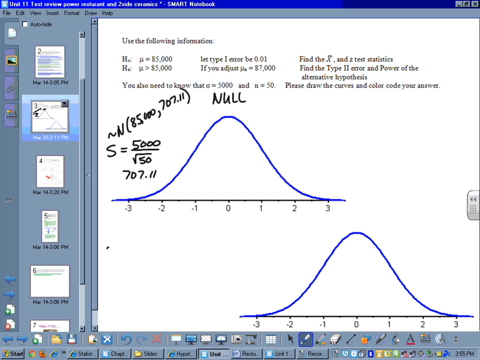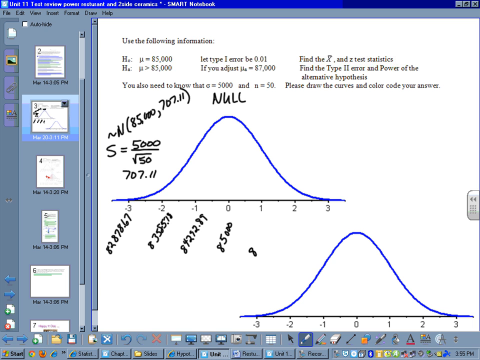And doing this, I would label this with 82,878.67, 83,585.78, 84,292.89, and we have our 85,000 in the middle.